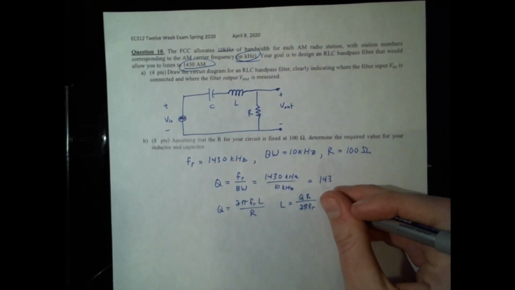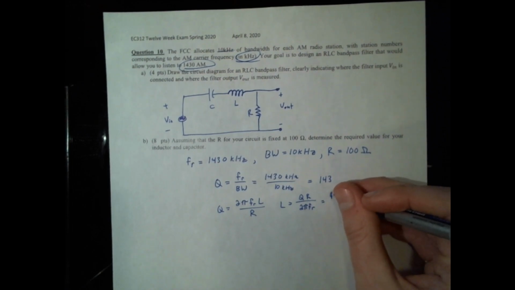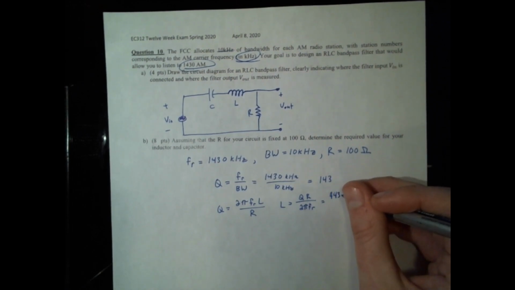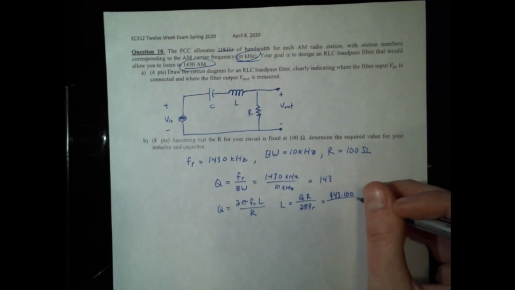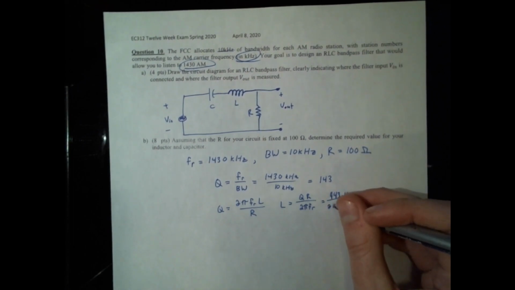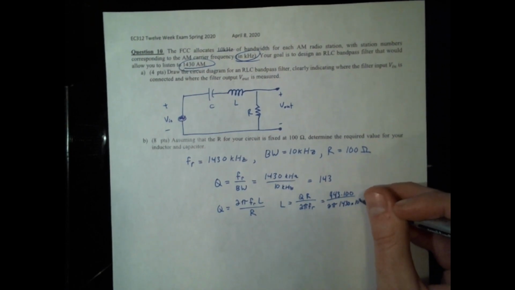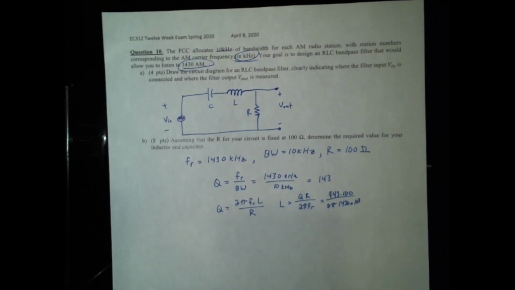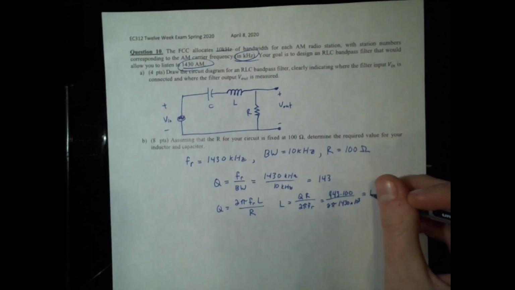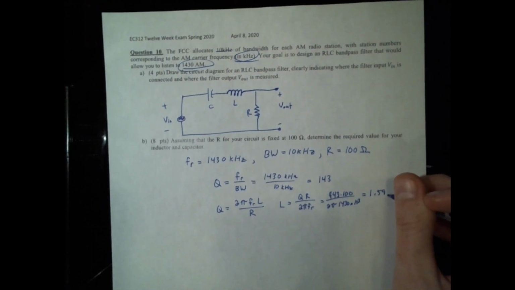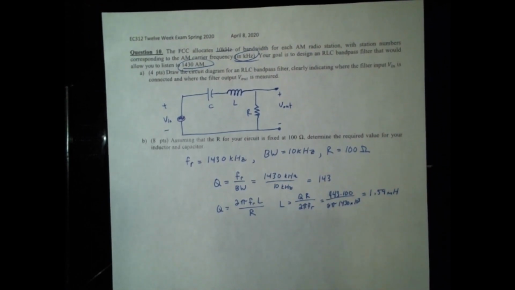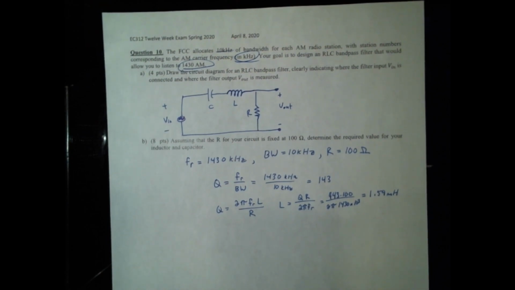We plug in our values: 143 for Q, 100 for our resistance, over 2 pi times 1430 times 10 to the third to get out of kilohertz to hertz. That gives us an answer of 1.59 microhenries. So that is our inductor, the required inductance, and that's what we're looking for there.